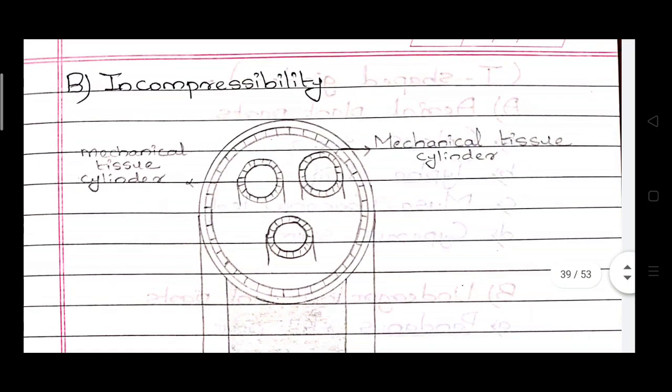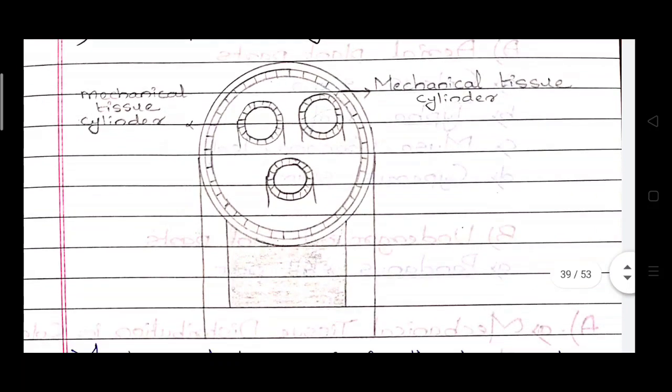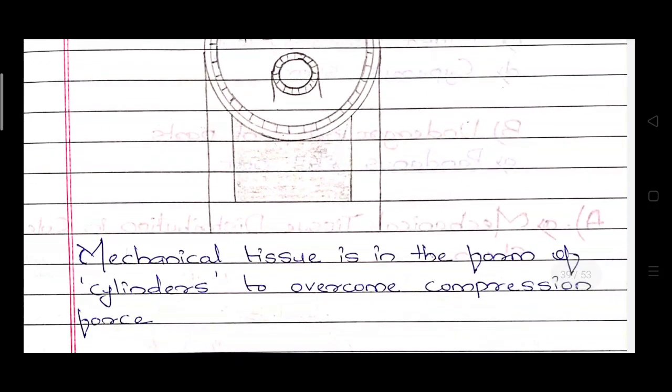Then the second principle is incompressibility. In incompressibility, there is the formation of a mechanical tissue cylinder. These mechanical tissues are formed in the form of cylinders, so they can overcome the compression force.